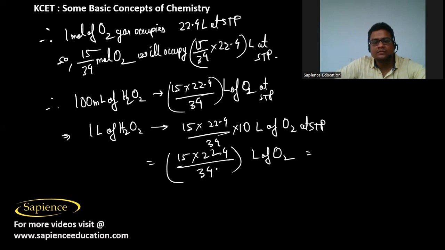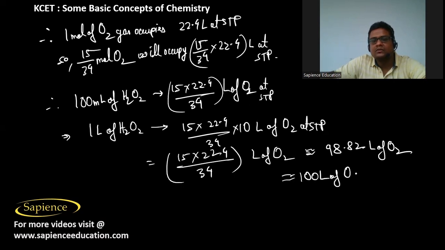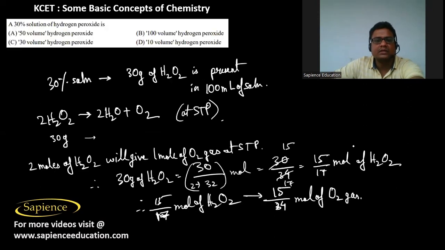That comes to approximately 98.82 liter of O2, which is approximately 100 liter of O2. So 1 liter of H2O2 will give approximately 100 liter of O2 at STP.